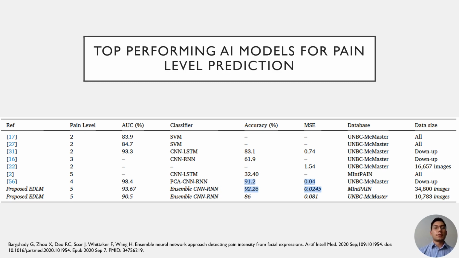In this specific example, researchers were trying to assess shoulder pain from facial expressions. And as you can see, the accuracy they were able to achieve was more than 90%, and MSE was lower than 0.04, which is very low. This is a very good result, and although we would like the accuracy to be closer to 99%, this is still a very promising result.